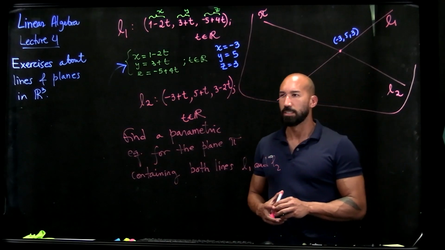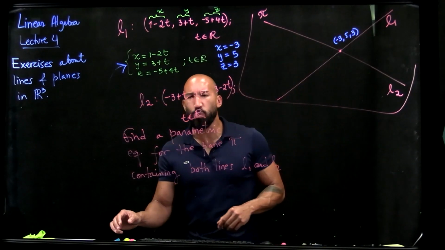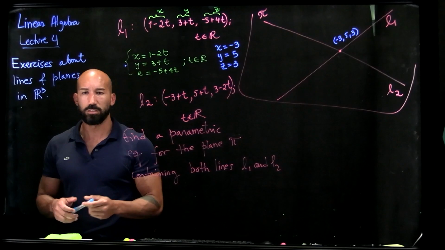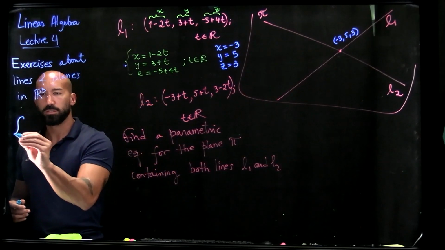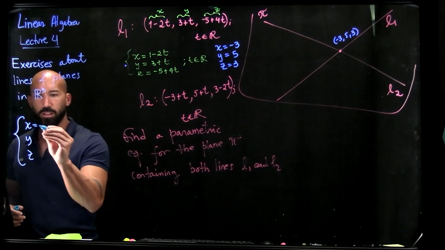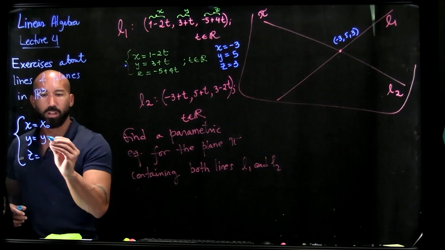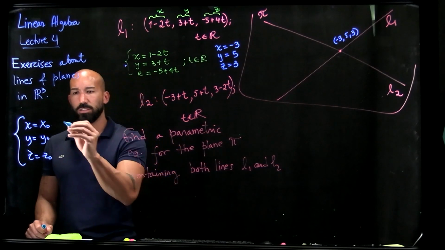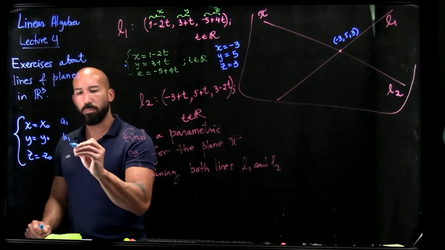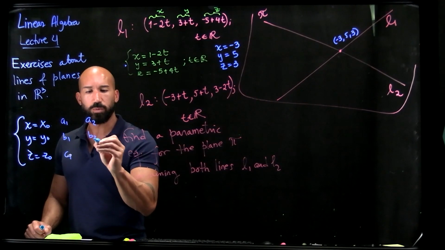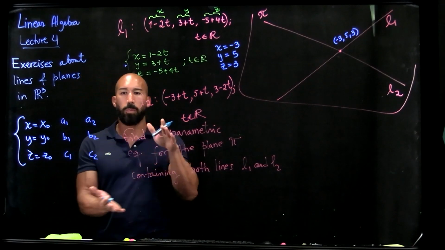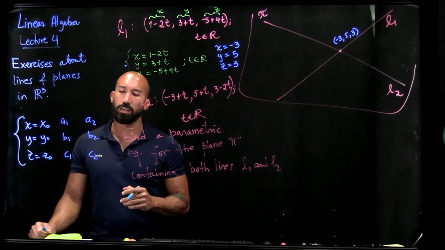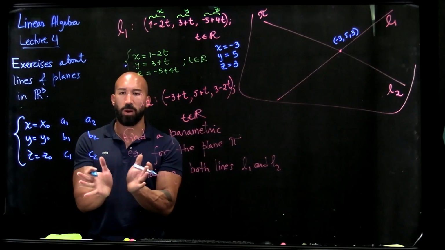All right. Well, now you see, what do I need for the parametric equation of a plane? You need a point, x0, y0, z0, and two vectors, a1, b1, c1, and a2, b2, c2, that are parallel to the plane, and non-parallel.